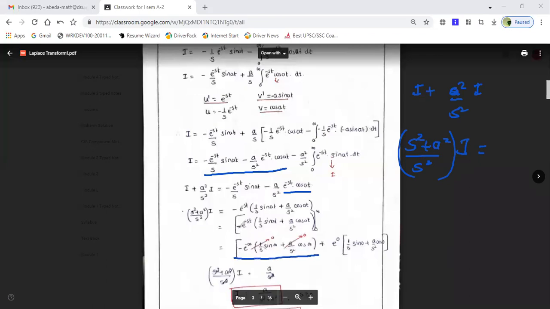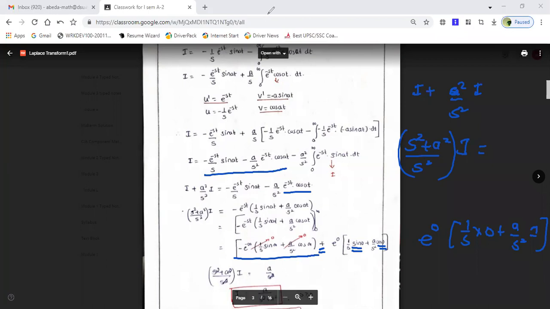Then already the minus sign is here, minus the lower limit. So minus of minus becomes plus: e to the power 0 into (1 by s sin 0 plus a by s square cos 0).